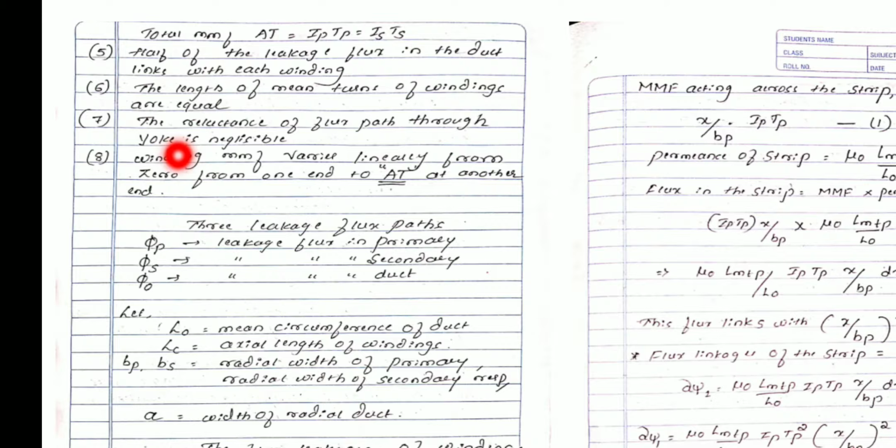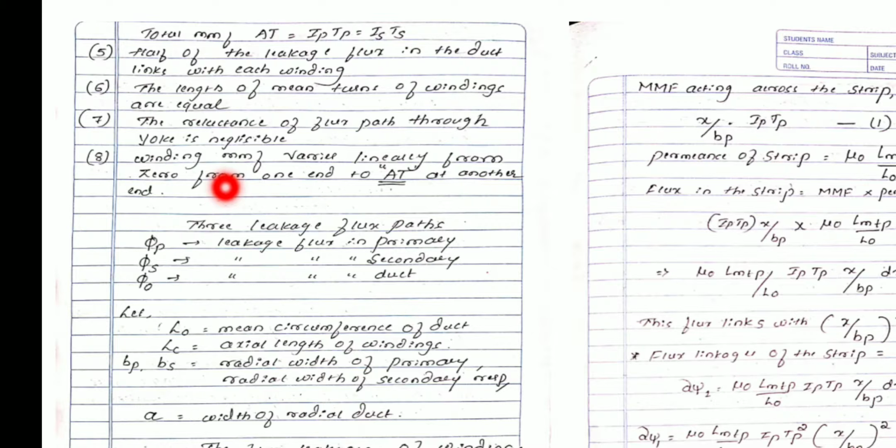Yoke is also a portion of the core; it links or joins the limbs together. But the reluctance, the opposition for the flux path through the yoke, is going to be negligible in this case. This is the seventh assumption.